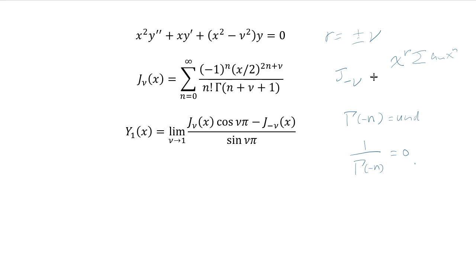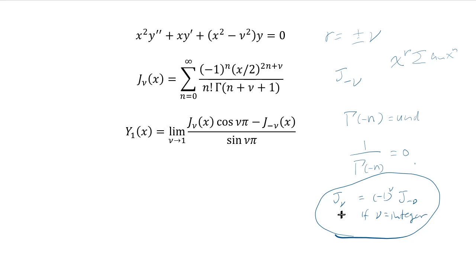And once some of the non-zero terms show up, they happen to be exactly like this one or the negative of this term. So you end up having the following identity, that J nu is equal to negative 1 to the nu times J negative nu if nu is an integer. And if one is a multiple of the other, that clearly means that the two functions are not linearly independent. That means that you have to try to find the second solution in a totally different way.